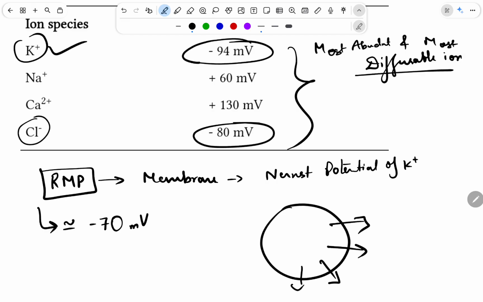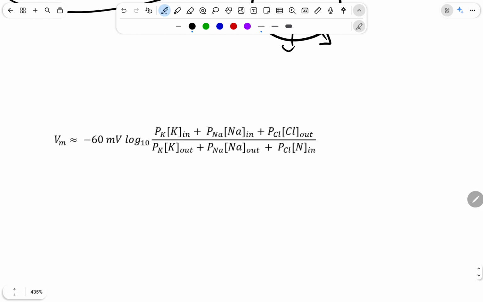So it is closer to that of potassium. Please remember. If anybody asks you, this is the reason. Moving ahead, multiple ions are involved in the final membrane potential, that is potassium, sodium, chloride principally, because all other ions will move in and out in a very minor manner or only in specific conditions.